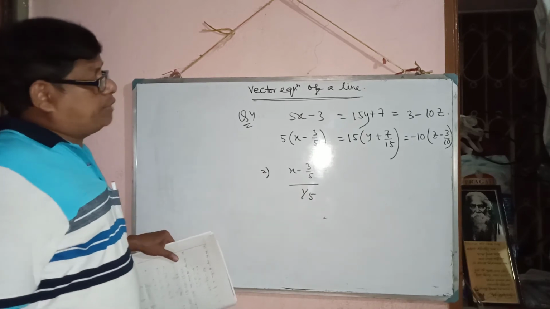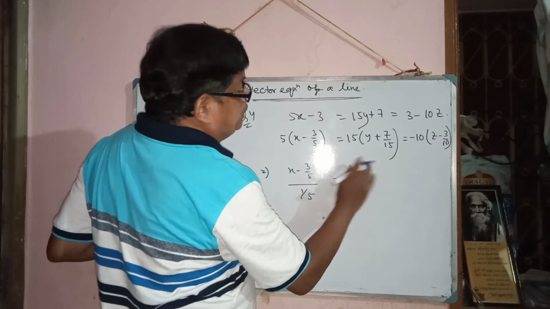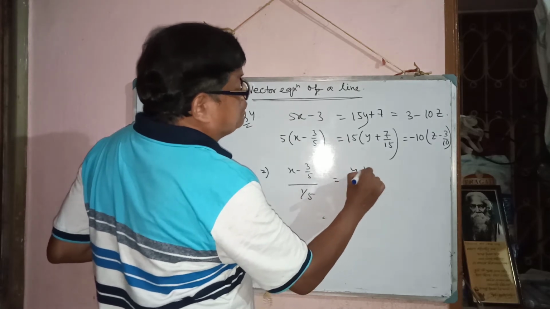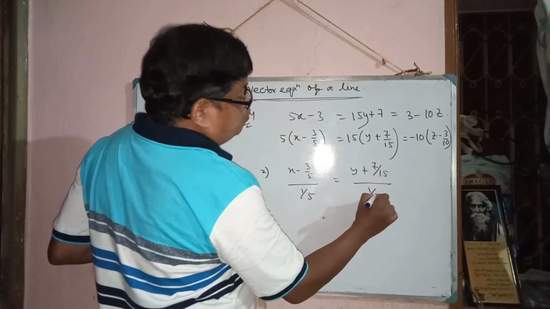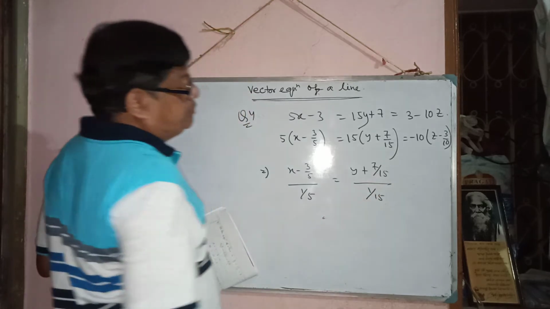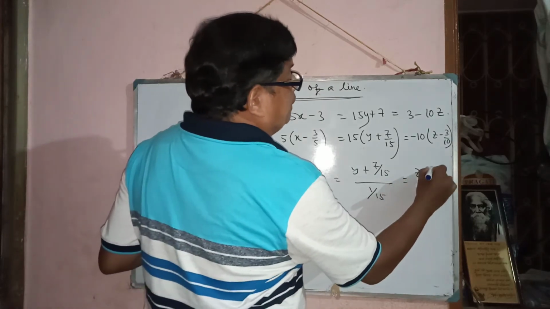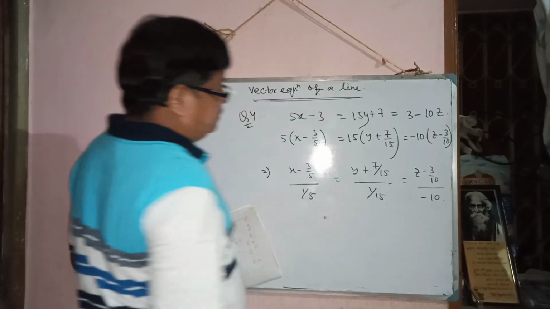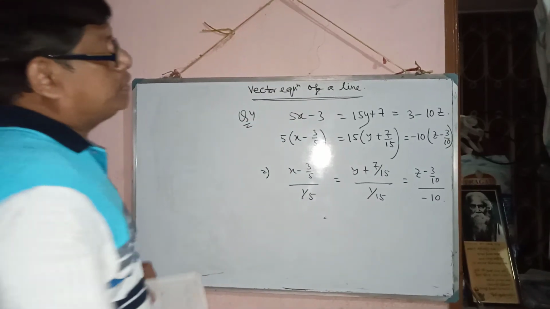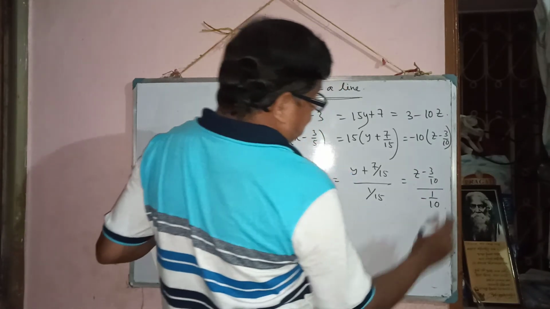Minus 1 by 1 by 5. Similarly, y plus 7 by 15 over 1 by 15, and z minus 3 by 10 over minus 1 by 10.